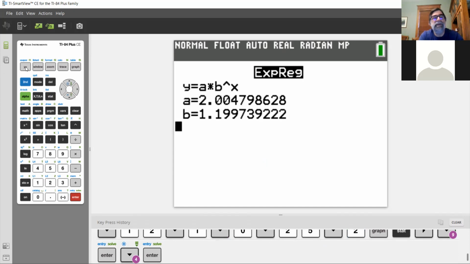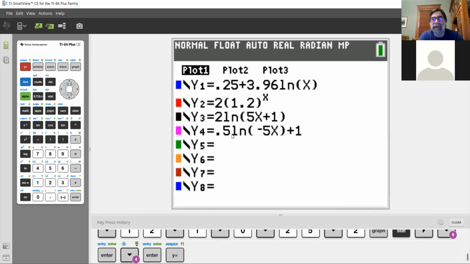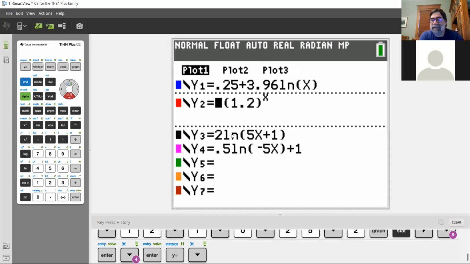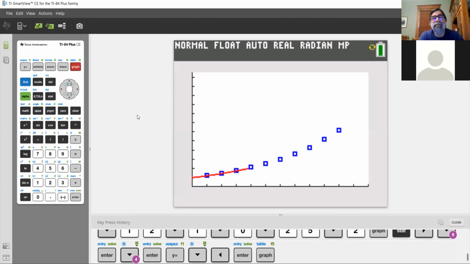So you may have noticed back on the y equals screen, there it is. That is the exponential model. When you put both of those together, that looks like it's a pretty good fit. Pretty good fit.